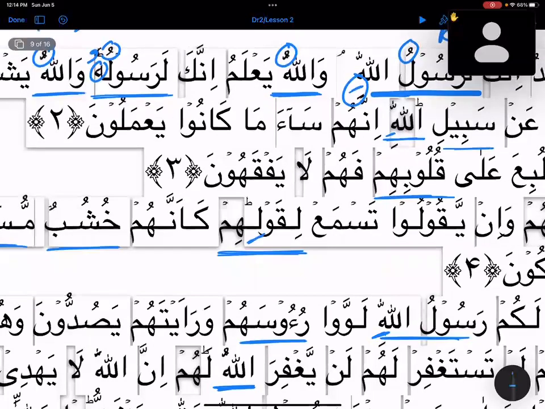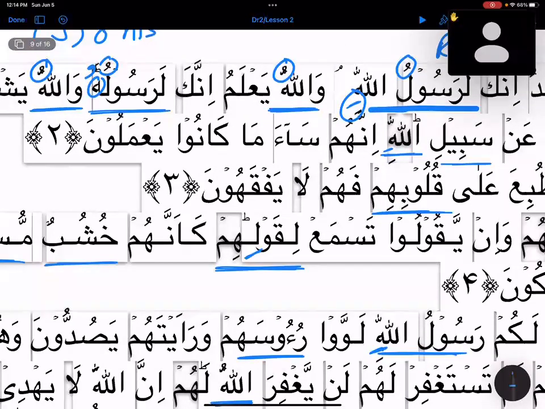An sabilillahi. Remember I said that there are certain words that can make the next ism jar. So an is the word that is making this sabili jar. Okay, so what status is sabili? Jar, because I see the E sound.